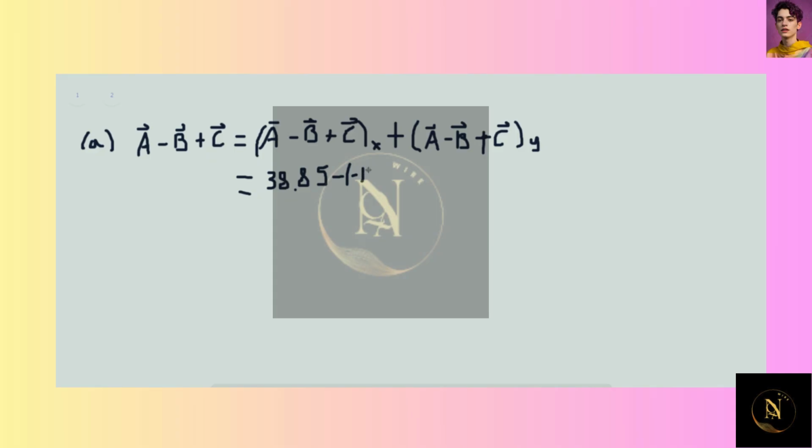So this is minus minus 14.82. And the x component of C was 0, so we don't have to put anything there. And this is all the x component. Make sure that doesn't look like a 1.